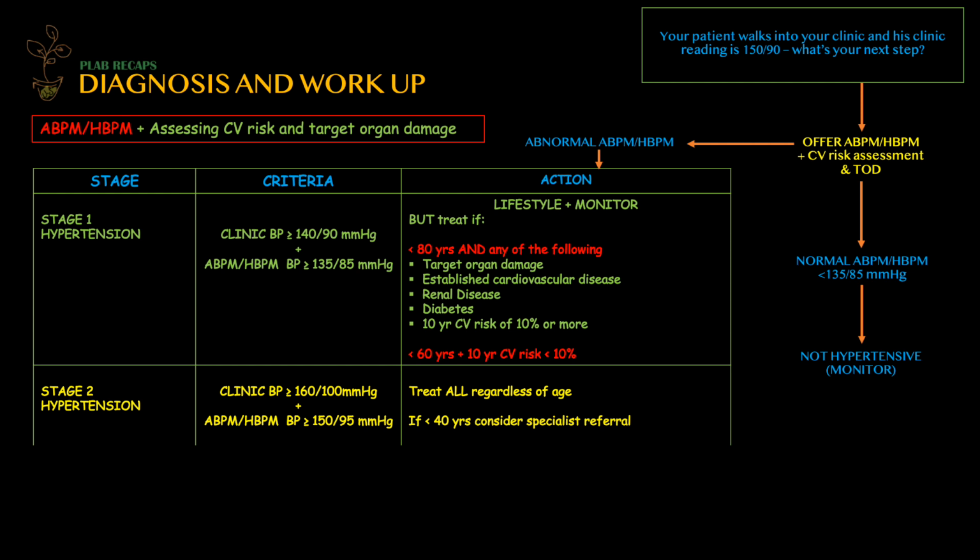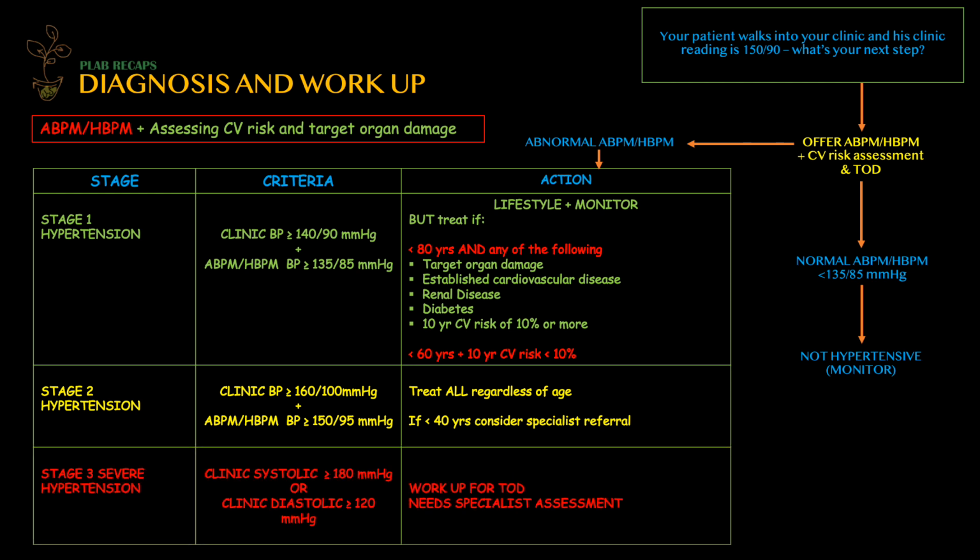However, if the clinic blood pressure is above 180 systolic or greater than or equal to 120 diastolic, then this patient has severe hypertension, and so needs assessment for any signs and symptoms of severe hypertension, whether they need to be seen the same day, whether they need a same day specialist referral, or whether they can be worked up for target organ damage and have their blood pressure checked again. So this is something we will discuss later.